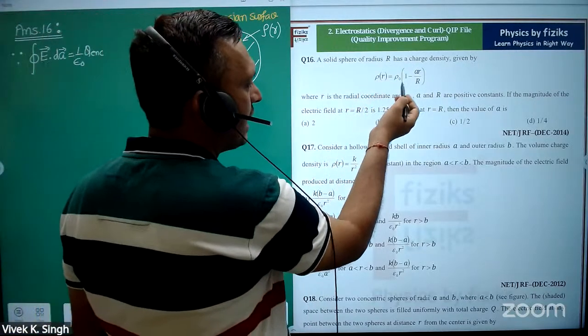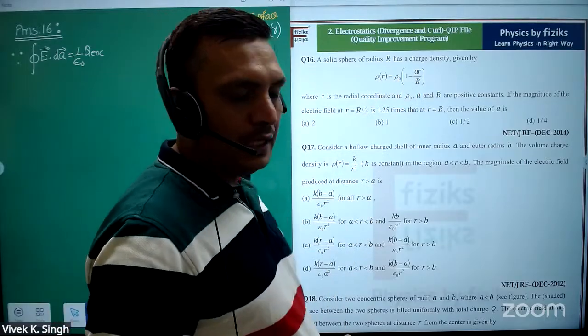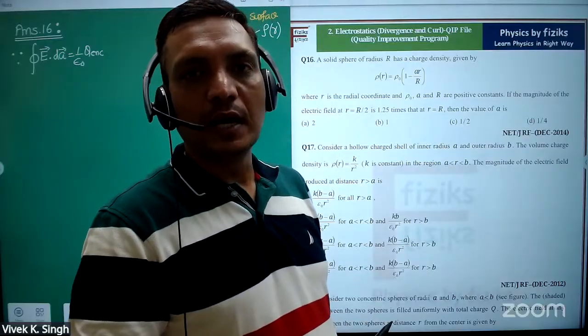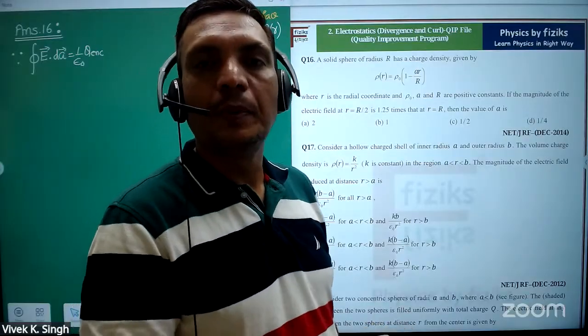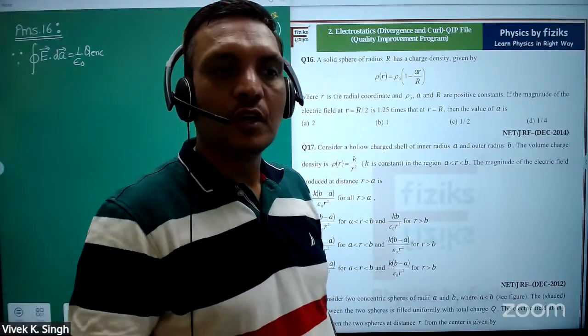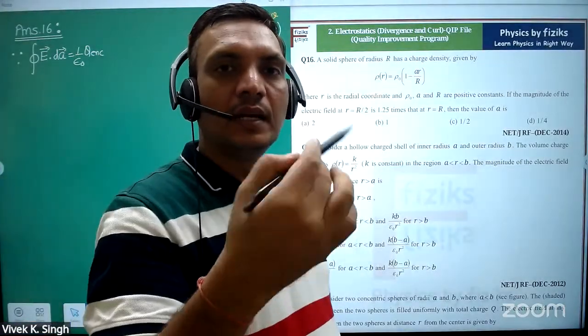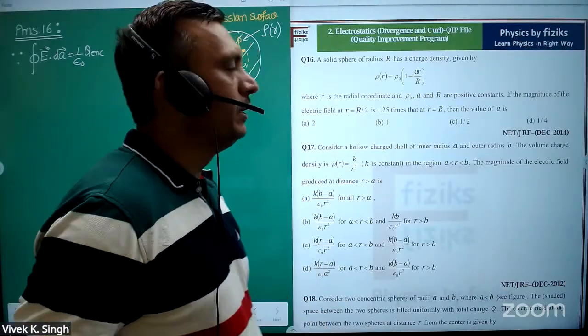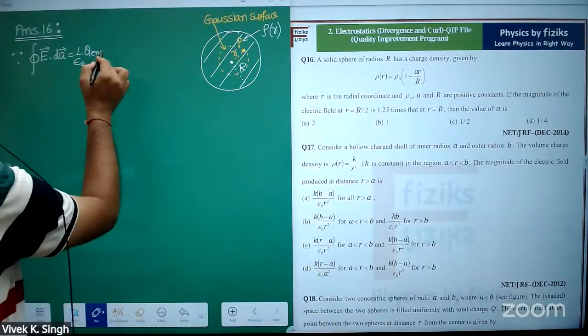Because charge density is a function of r only, when you calculate d tau, you integrate with respect to r only. So we write d tau as 4 pi r square dr, because integrating sin theta d theta from 0 to pi and d phi to 2 pi gives 4 pi.